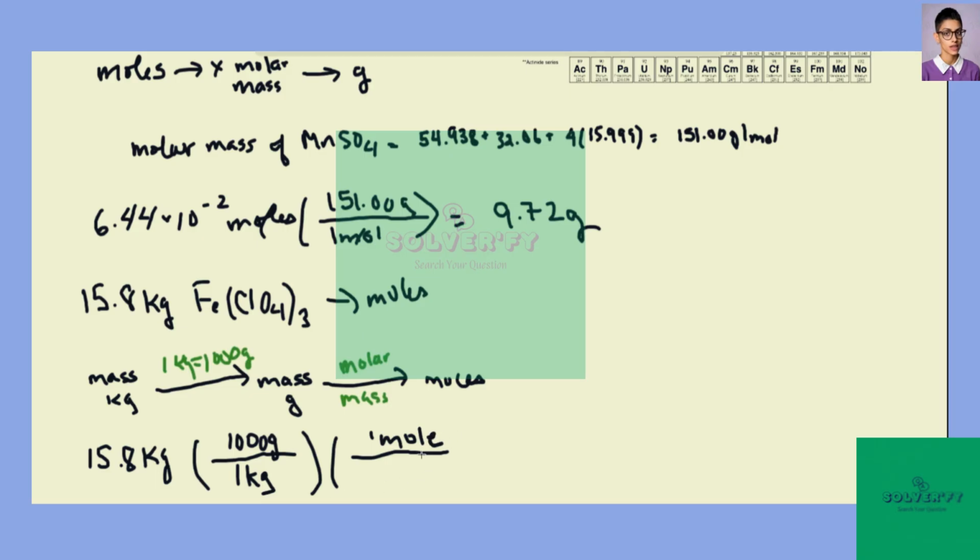And using your periodic table, you find the molar mass of this substance to be 354.20 grams. So if we take 15.8 times 1,000 divided by 354.20, we find that it's equivalent to 44.6 moles.